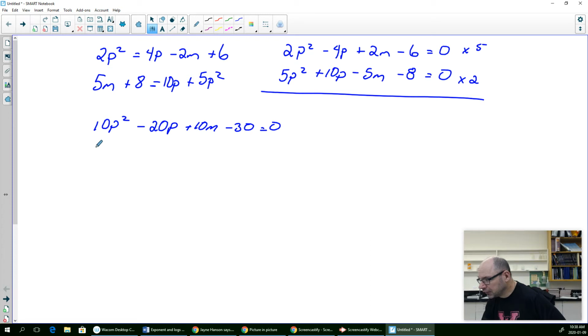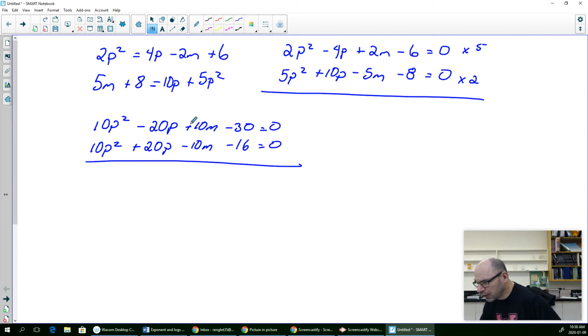This one's going to be 2 times 5p squared is 10p squared plus 20p. And this one is minus 10m. And this one is minus 16 equals 0.